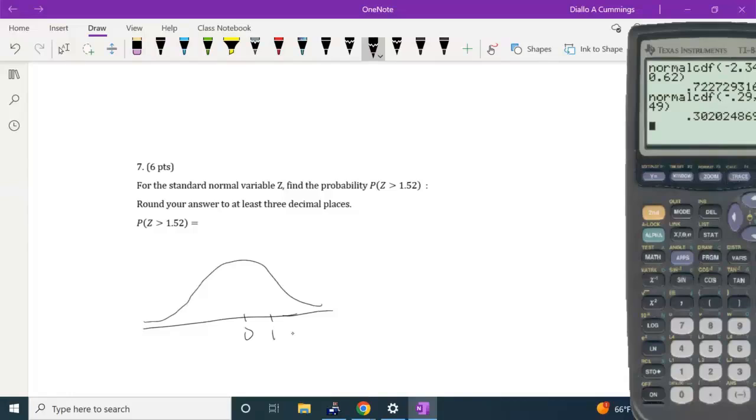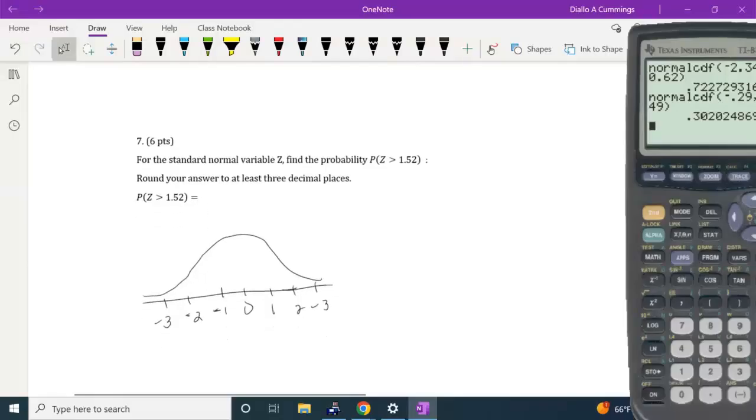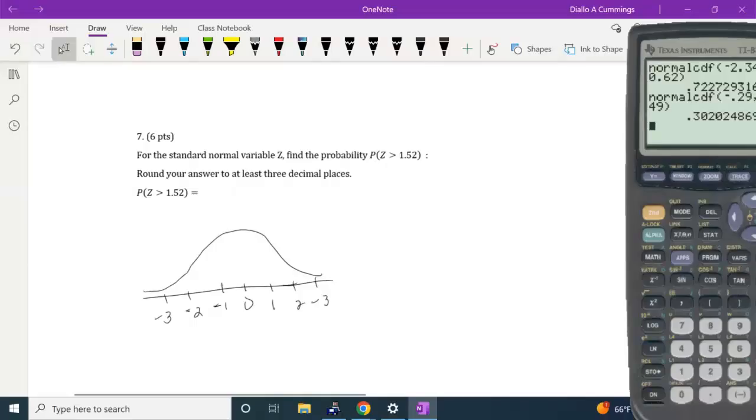So that means along this bottom axis, you're going to see the Z-scores. And then it says we want to find the probability that a Z-score is greater than 1.52. So I'm going to guesstimate 1.52 on my curve, which is somewhere in between 1 and 2.